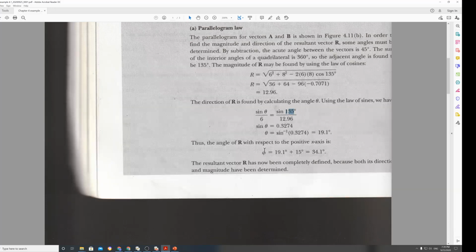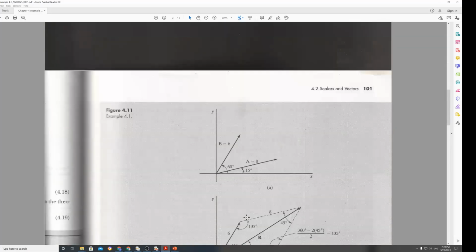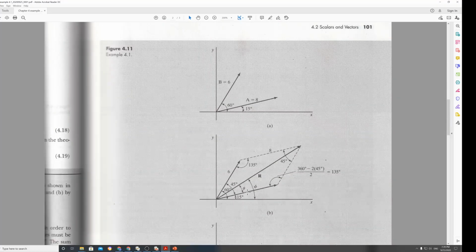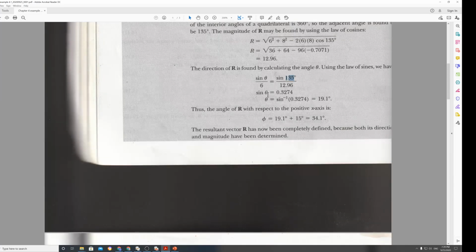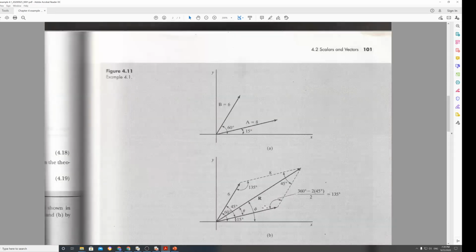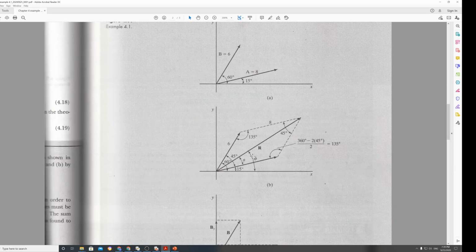Theta is the angle opposite this side here, which is b, whose size is 6. So now when you get that, you can solve for theta, and theta comes out to be 19.1. So going back here, this now becomes 19.1.